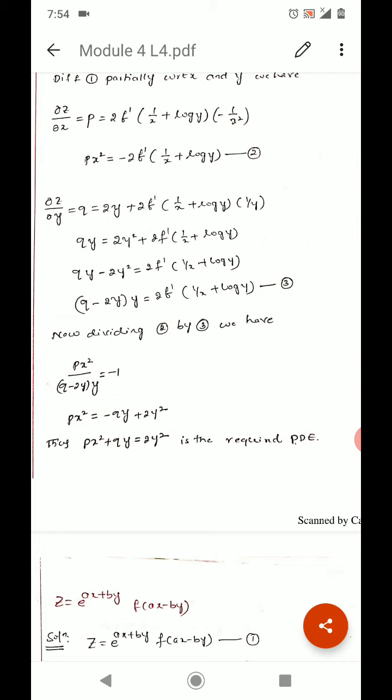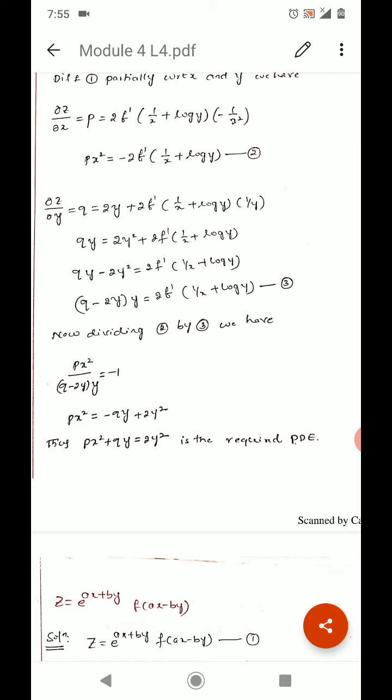Now divide equation 2 by equation 3. We obtain px square divided by (q minus 2y) times y, which is equal to minus 2 f dash of 1 by x plus log y divided by 2 f dash of 1 by x plus log y. So here 2 f dash of 1 by x plus log y gets cancelled from numerator and denominator.